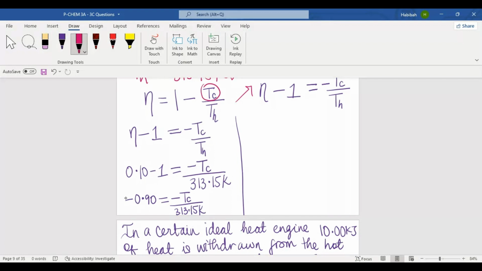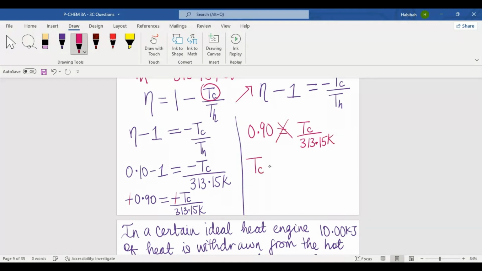Of course, you cancel out the negative. So you end up with 0.90 is equal to TC divided by 313.15 kelvins.